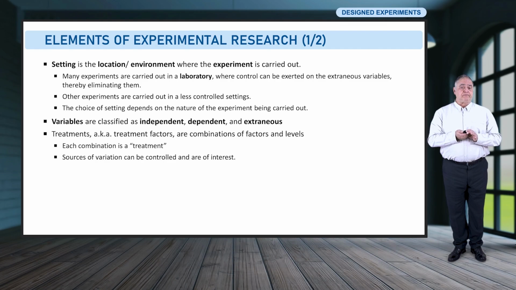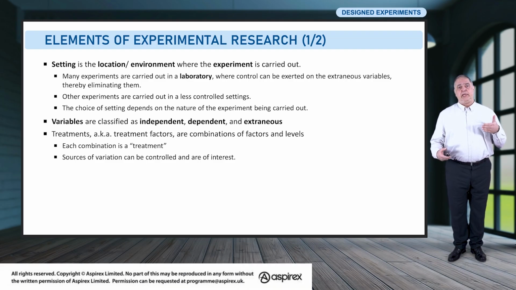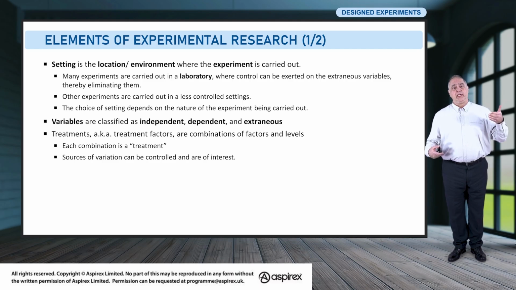Variables can be classified as dependent variables, independent variables, and extraneous ones. Treatments, which are also known as treatment factors, are conditions of factors and levels. For example, a factor can be temperature, and the level can be 100 degrees centigrade.